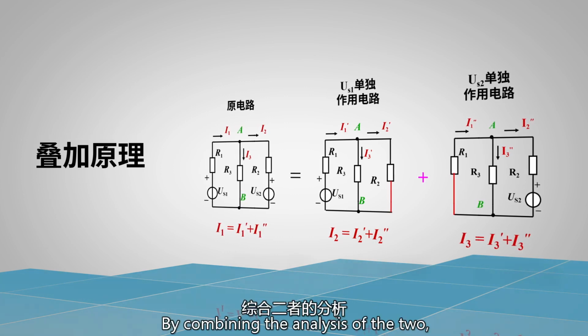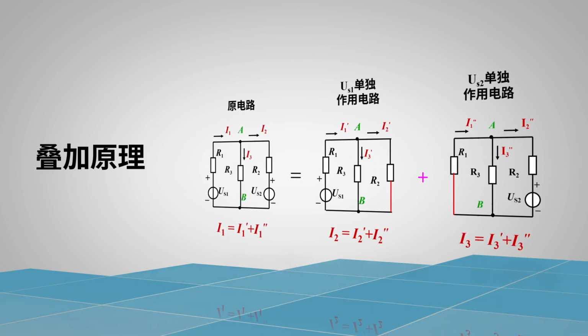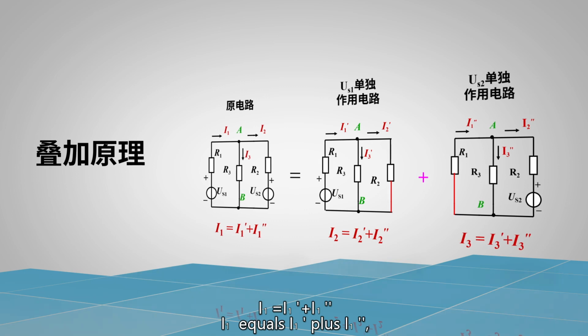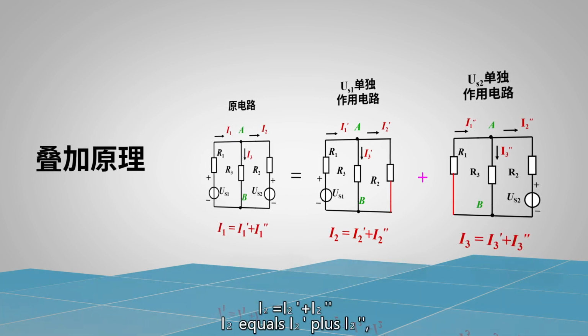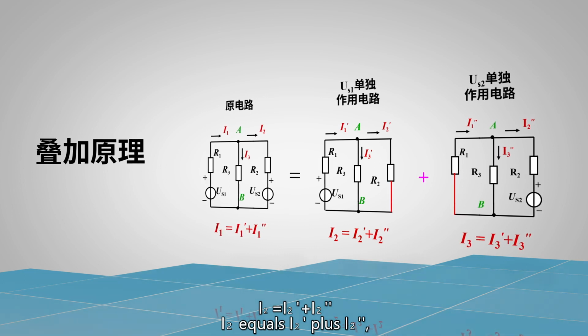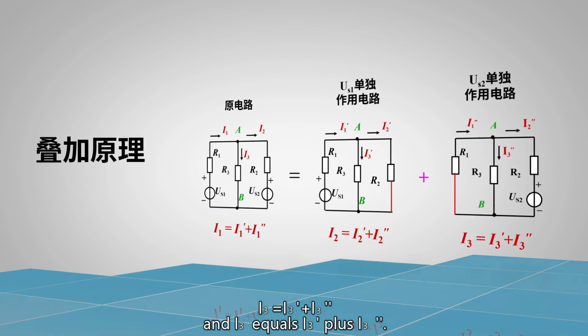By combining the analysis of the two, we can infer that in the original circuit, I1 equals I1' plus I1'', I2 equals I2' plus I2'', and I3 equals I3' plus I3''.